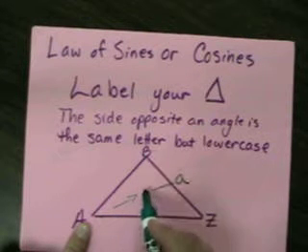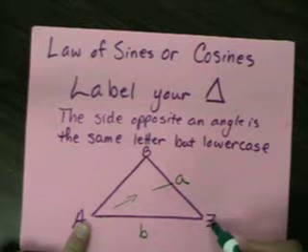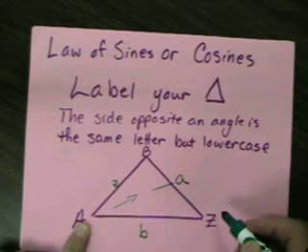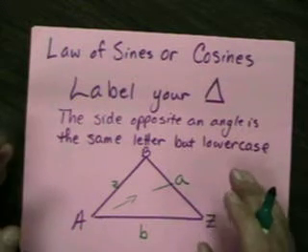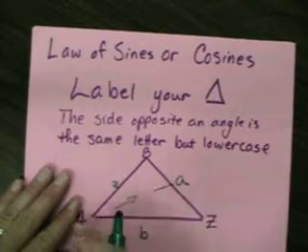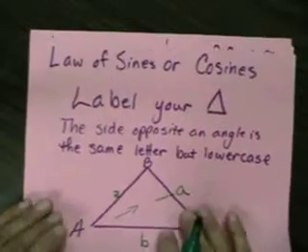Here's B, the side across from it will be little b. And the side across from Z will be a little z. We need that most of the time. If they don't tell you, you can label them with any letters you want, but they have to be across from each other. They have to be the same. Otherwise it just won't work.